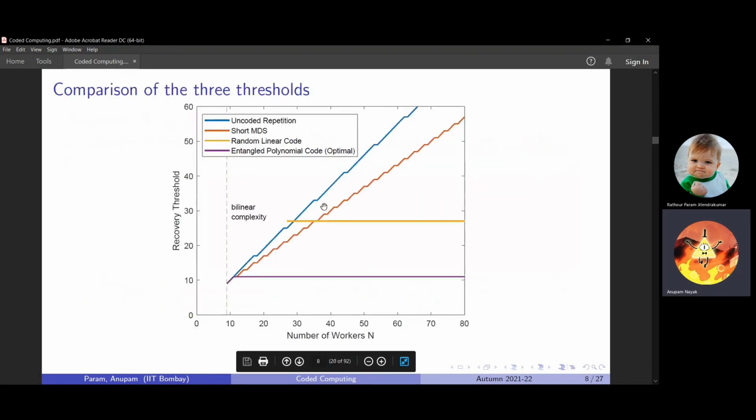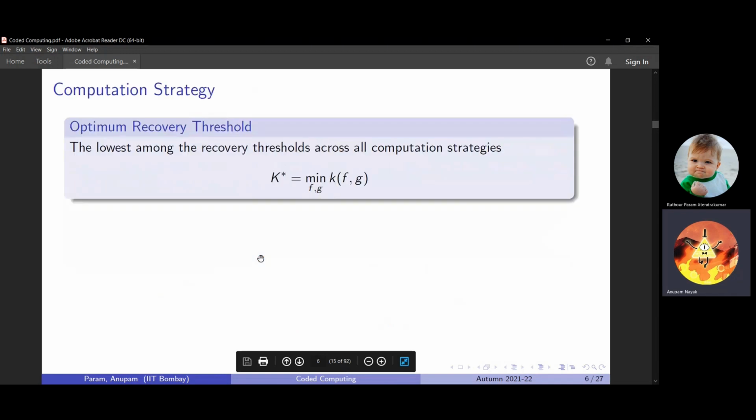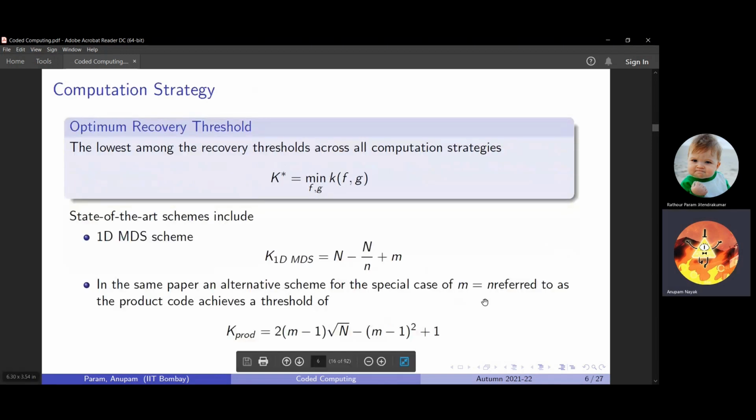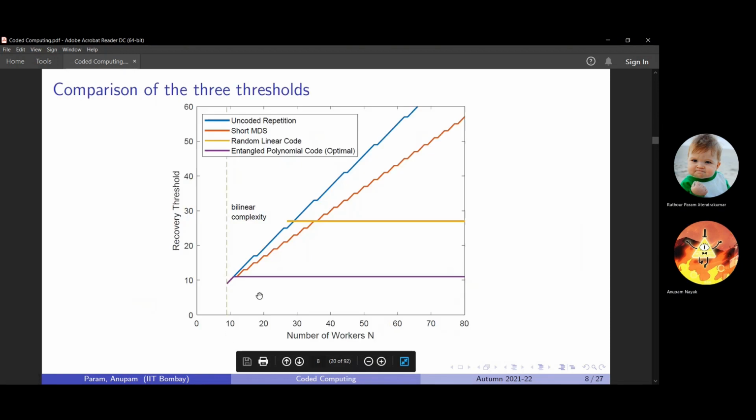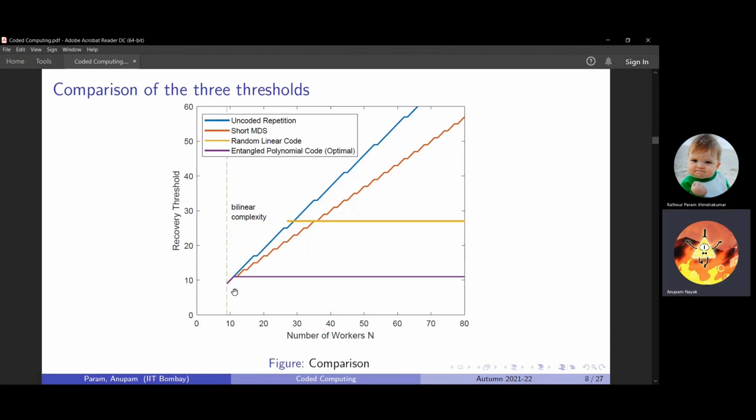This is essentially like uncoded repetition or short MDS, where the number of workers from which we would require the output increases with n. Bilinear complexity also has a constant threshold, but it's higher than what we have for the polynomial code. And this special scheme for m equal to n would increase as square root of n in this graph if it was plotted.